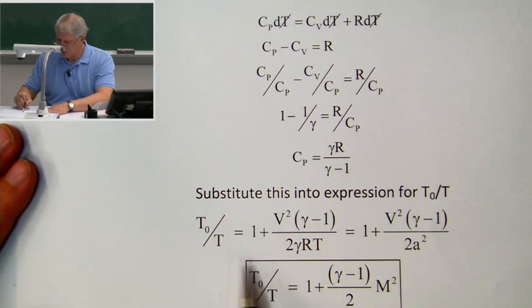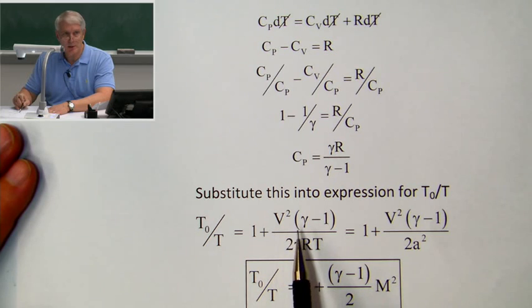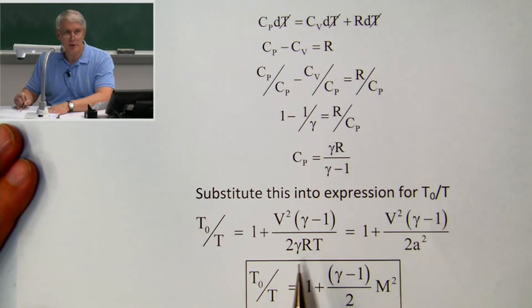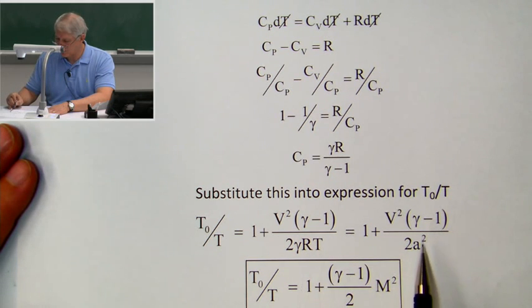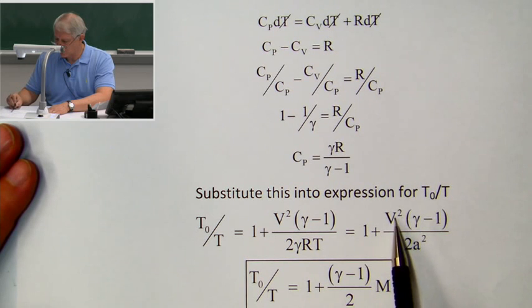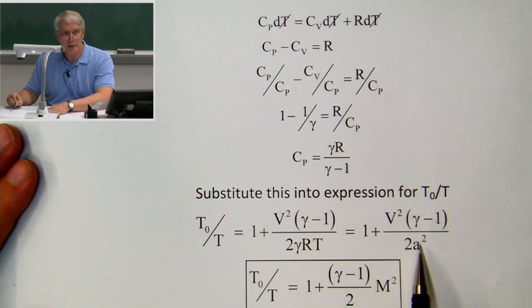We get T0 over T is equal to 1 plus V squared times (gamma minus 1) over 2 gamma RT. Well, remember, gamma RT is just equal to the speed of sound squared, so I put that over here. So now we have a V squared over a squared, and you might remember that that is the Mach number squared.